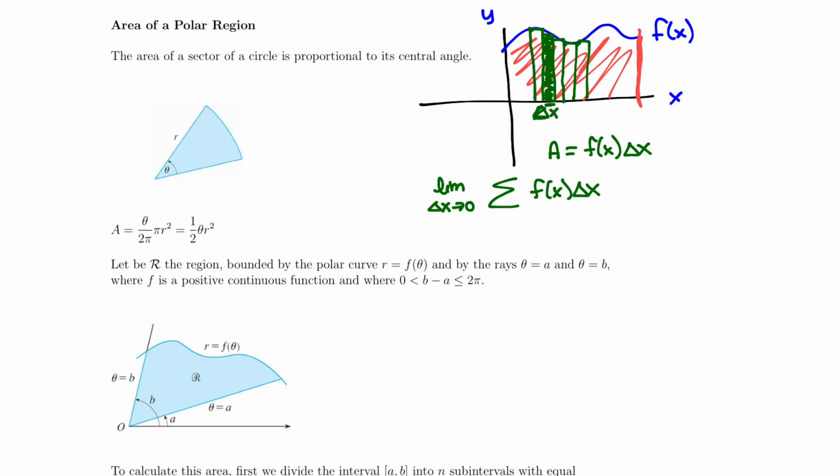And so what happened was we got infinitely many rectangles. We shrank the area. And when we did that, we defined it to be the integral of the function with respect to x. And so when I set it up like this, you see where dx came from. dx came from that delta x, and my function came from my function, and together f of x dx was the area of a single rectangle.